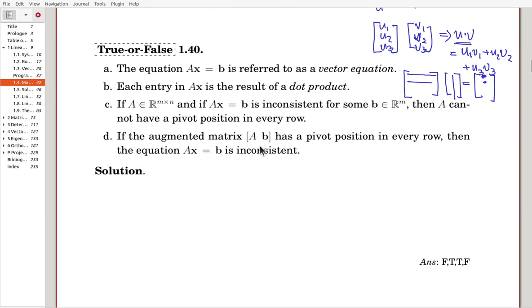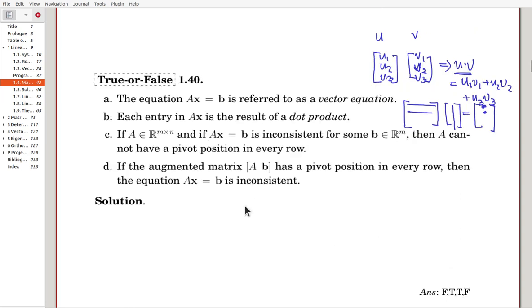If the augmented matrix has a pivot position in every row, then the equation AX equals B is inconsistent. Is it true? For some cases it's true, but not always.